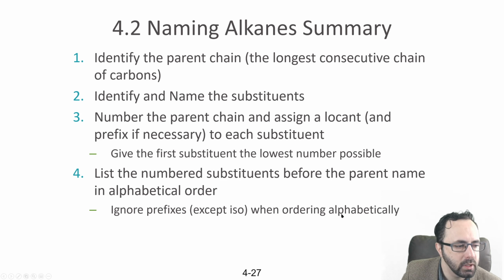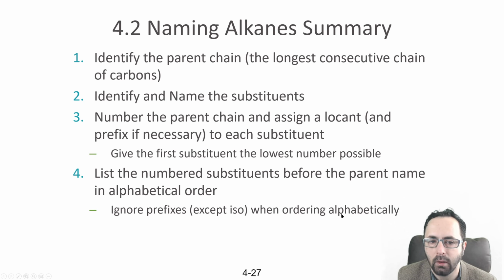So here's the summary of how to name alkanes. Number 1, identify the parent chain, which is the longest chain of carbons that you can draw without picking up your pencil. Then identify the substituents and name them. Then number the parent chain and assign a locant. Give the first substituent the lowest number possible.